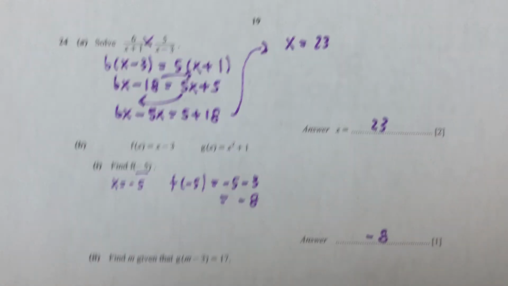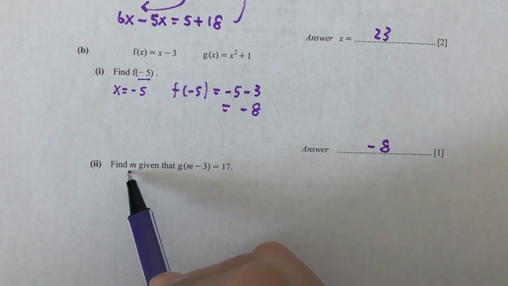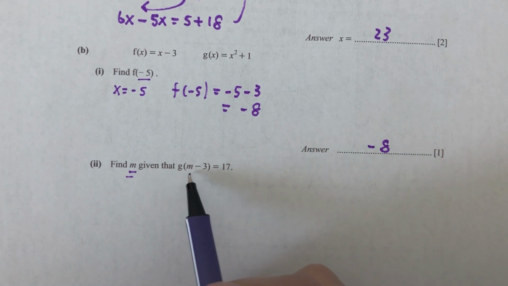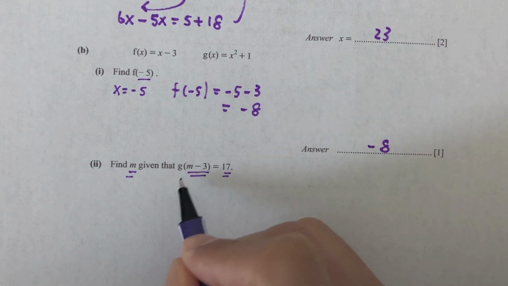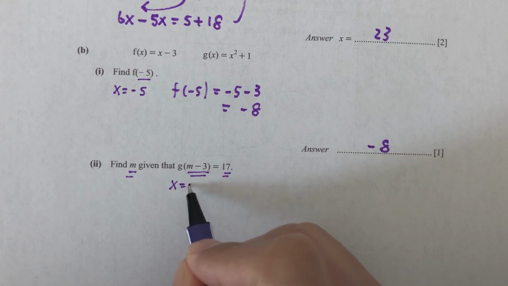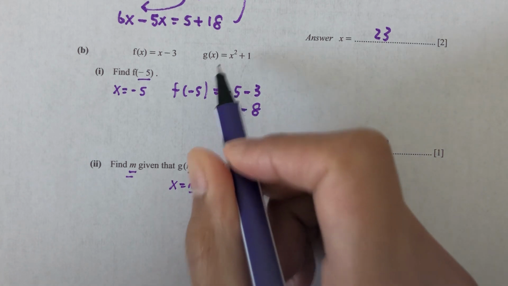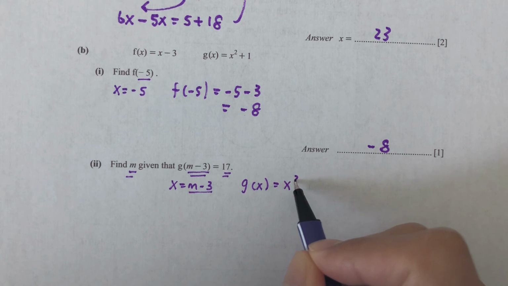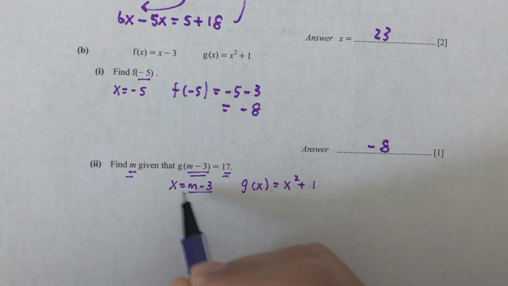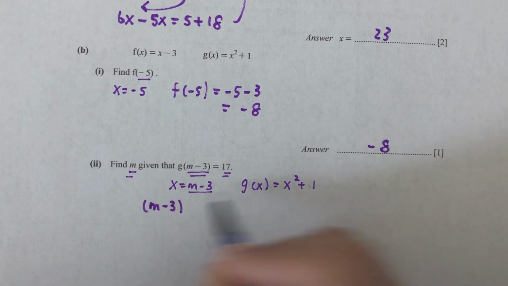Now moving on to part 2, find m if g of m minus 3 is 17. We just have to replace the value of x by m minus 3 and we have an equation. So g of x is x squared plus 1. Replacing x by m minus 3, we get m minus 3 squared plus 1 equals 17.